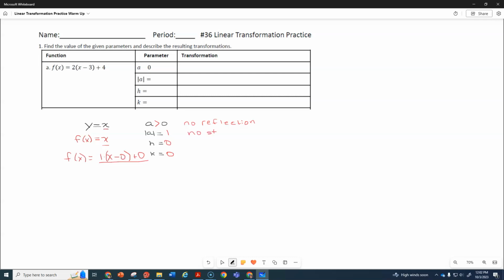Since a is 1, there is no stretch or shrink. So it means there is no dilation. There is no stretch or shrink. There is no horizontal shift.